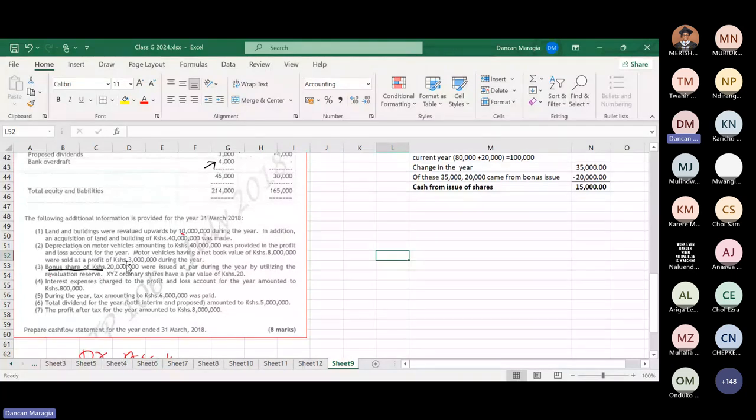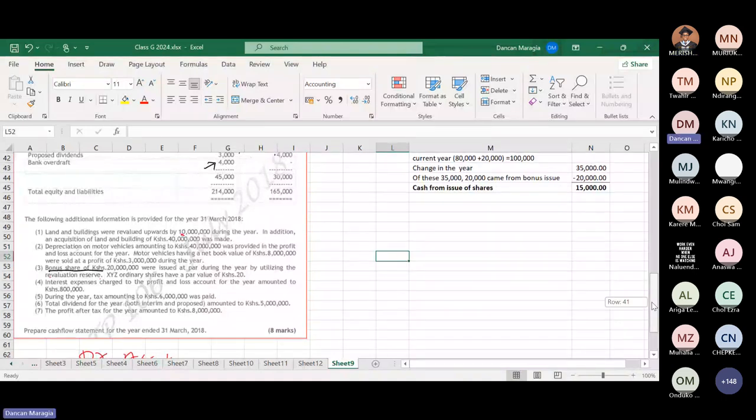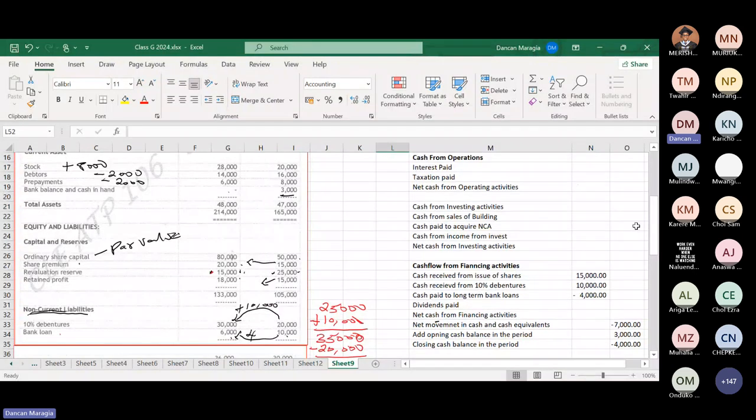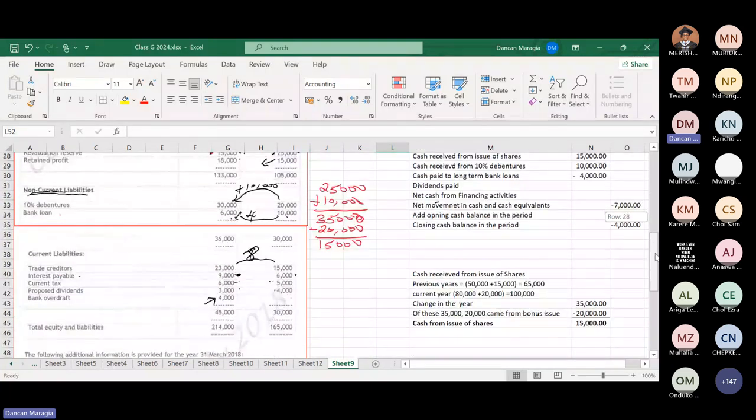If we gave bonus shares of 20 million, 20 million divided by 20 gives you how many bonus shares were issued, around 1 million. We don't want the number of shares issued. In accounting we are dealing with monetary value, unless there is somewhere those shares will help you calculate something. But in the financial statements, we want the monetary value of those shares, not the shares only.